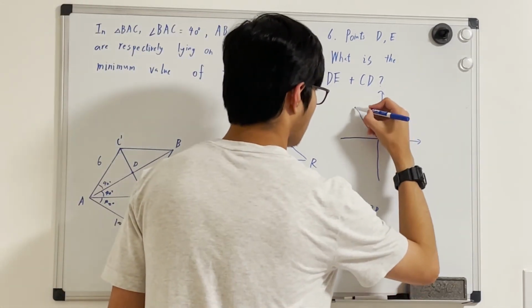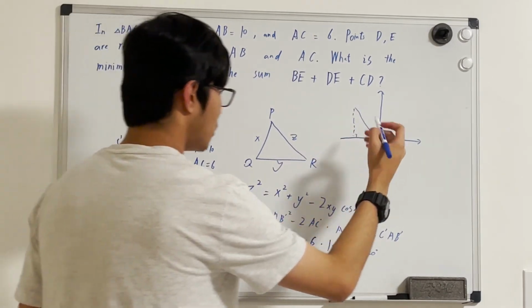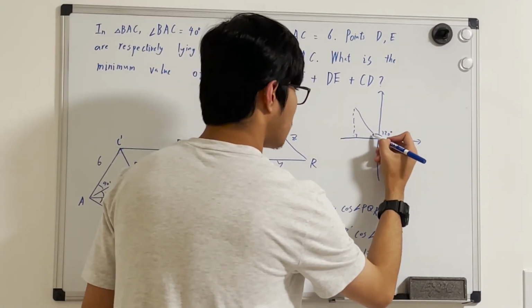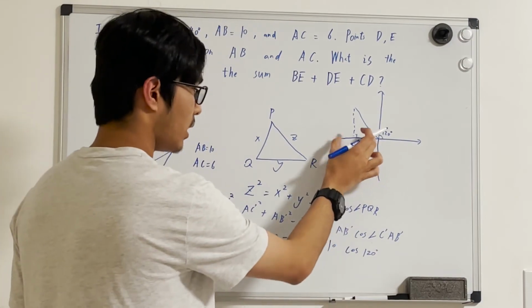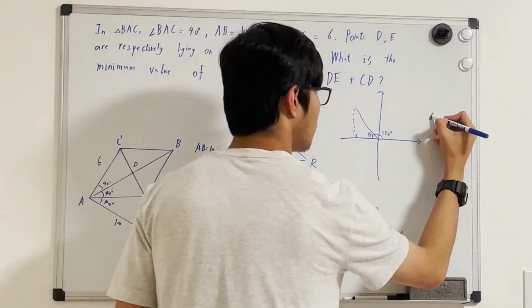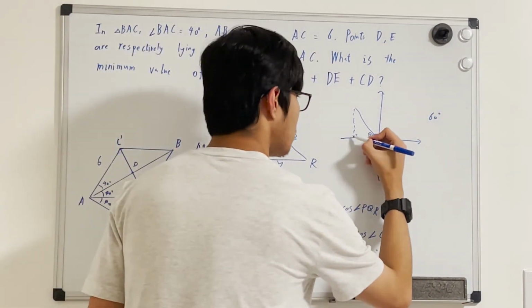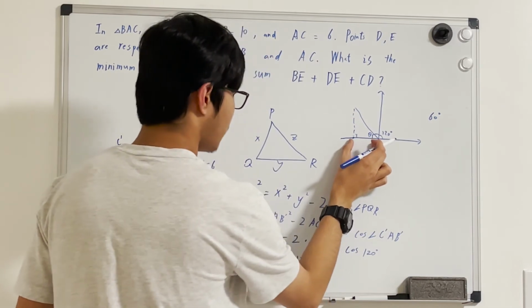So this is a right triangle that you should build, and just do cosine for this angle theta, which in this case should be 60. So you just do cosine of 60 instead, but you should note that this is actually negative.